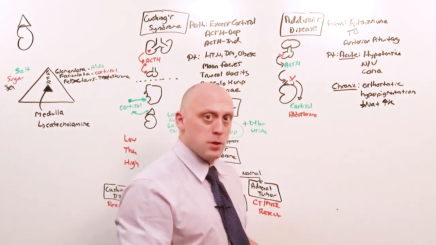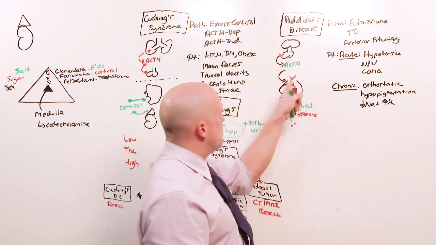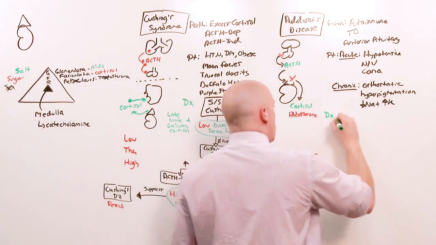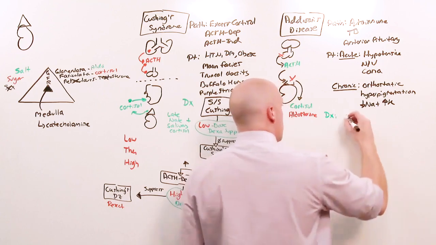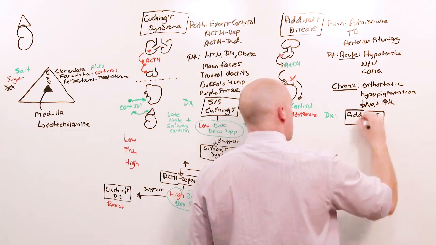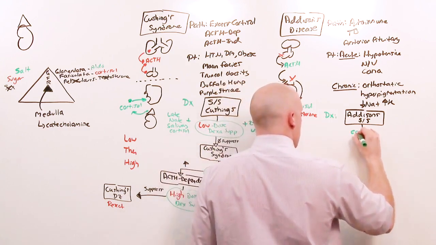So the question becomes, A, do they have Addison's disease? And B, is it a product of the pituitary or of the adrenal gland? The diagnostic workup, you're going to find somebody you think has Addison's. The first step to ask is, do they have sufficient cortisol?